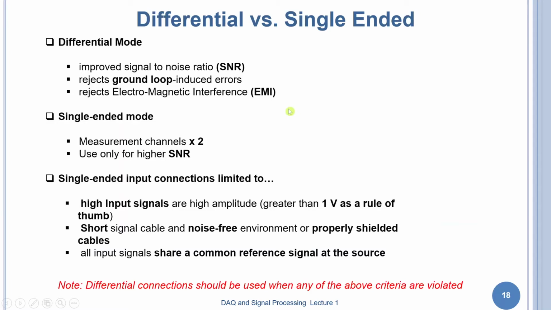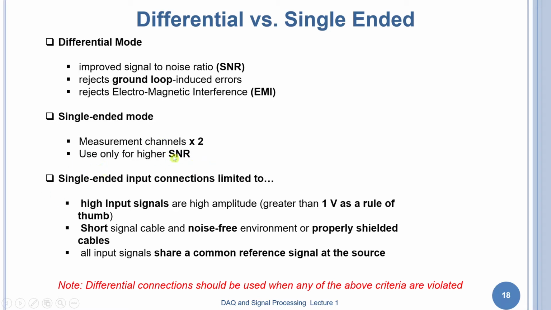Now you may want to know when to use which mode. Differential mode is widely used because it has many advantages. One is that it has the best signal to noise ratio because it rejects ground loop errors, and it also rejects EMI. In single-ended mode, the only advantage is that you get twice as many channels to measure.